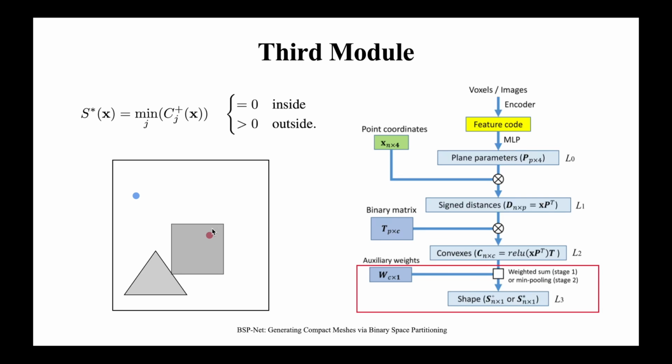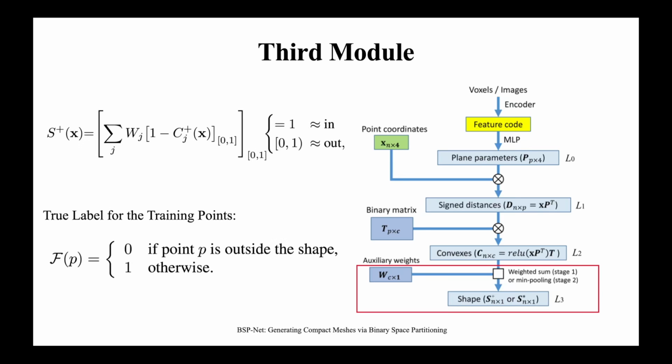So as a result, its minimal distance to those two convex sets would be turned into 0. So therefore, using this minimal distance, this equation can tell whether a point is outside or inside the whole mesh.